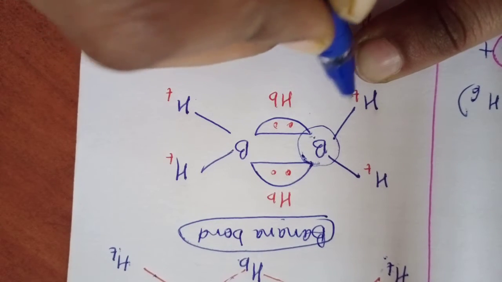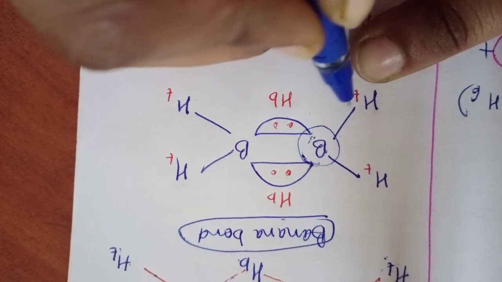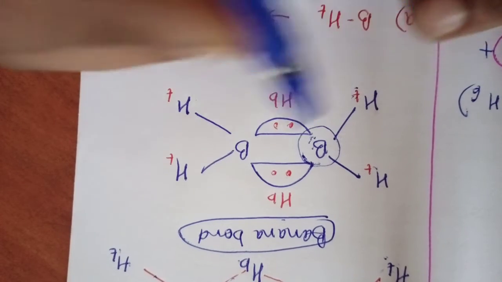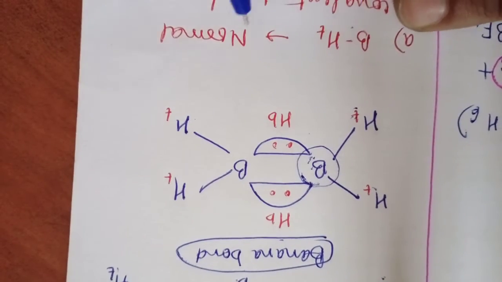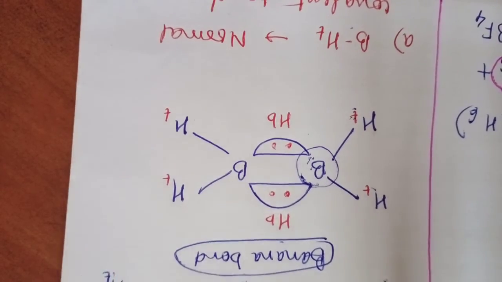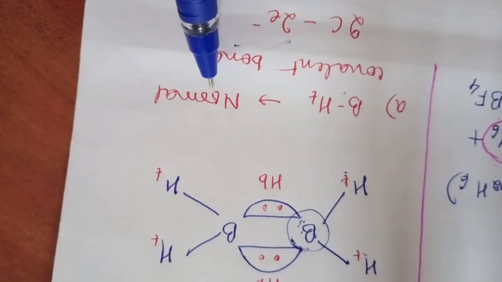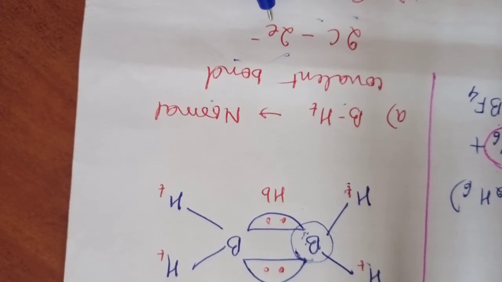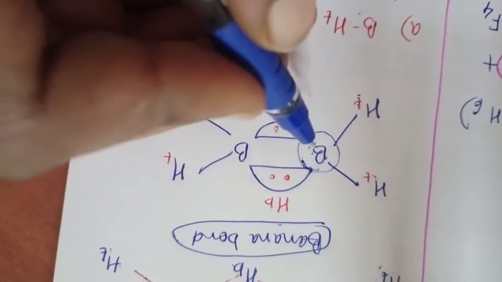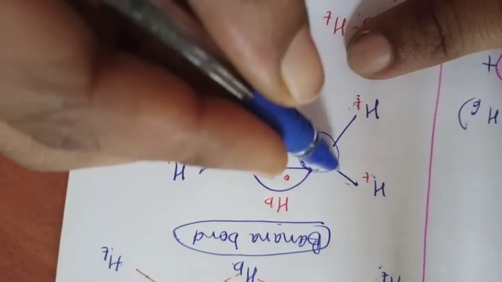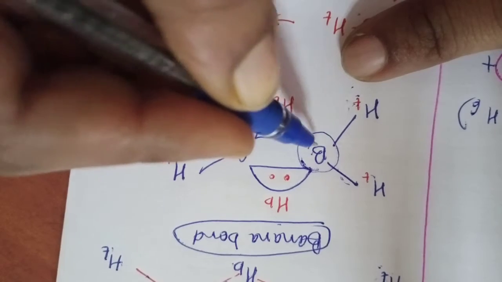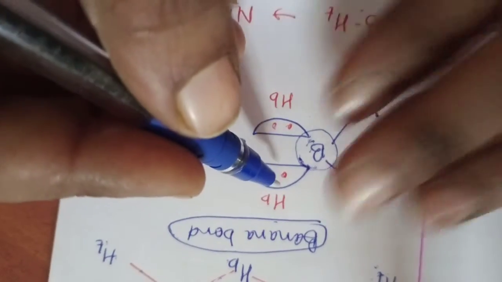The B-HT bond, with the terminal hydrogen, is a normal covalent bond. It is a two-centered two-electron system. Two-centered means there are two centers here, and two electrons are shared. Now this part is over.